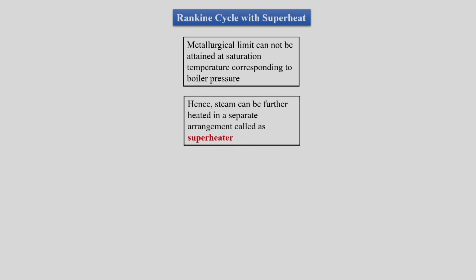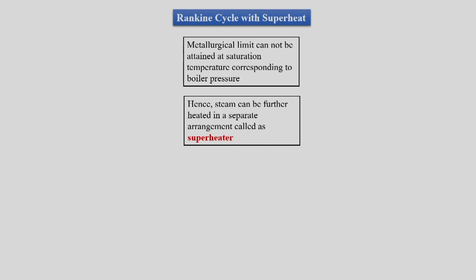There is a limit due to that temperature, but yes, below that temperature we can heat the steam. Hence, steam can be heated below this metallurgical limit such that it crosses the saturation point and gets superheated, and the component which heats the steam in the steam generator is called the superheater.